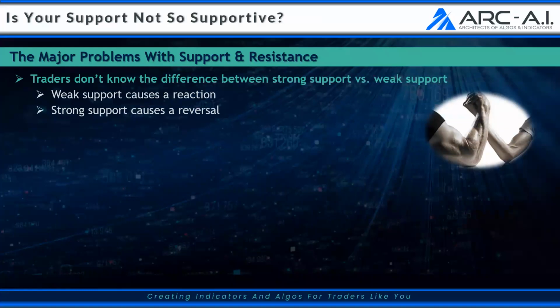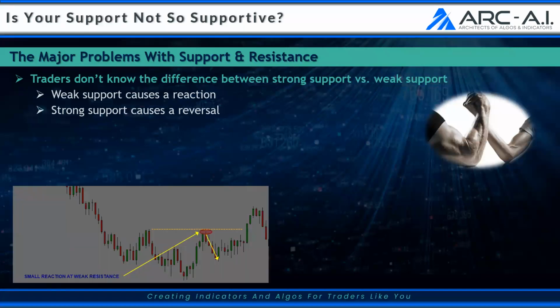So what's the major problem with support and resistance? Well, traders don't always know the difference between strong support versus weak support. Weak support is something that causes a reaction, and strong support is something that causes a reversal. We can see a small reaction at the weak resistance here on this chart. The market comes into weak resistance, bounces out, doesn't give much of a reaction, and actually goes right through it.